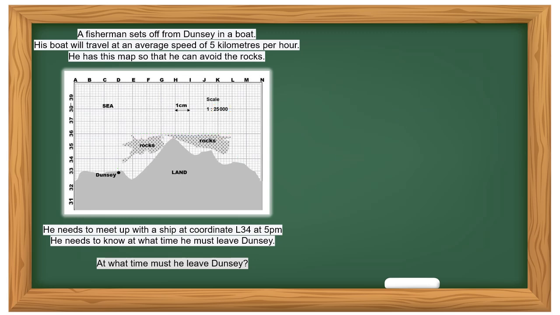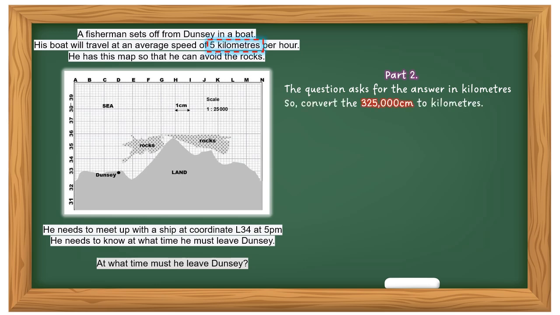Now let's look at part two. Now the question asks for the answer in kilometers, and you can see that in that part of the question. So you have to now convert this 325,000 centimeters to kilometers. So you simply do that by following the due process. So 325,000 divided by 100 converts it from centimeters to meters.